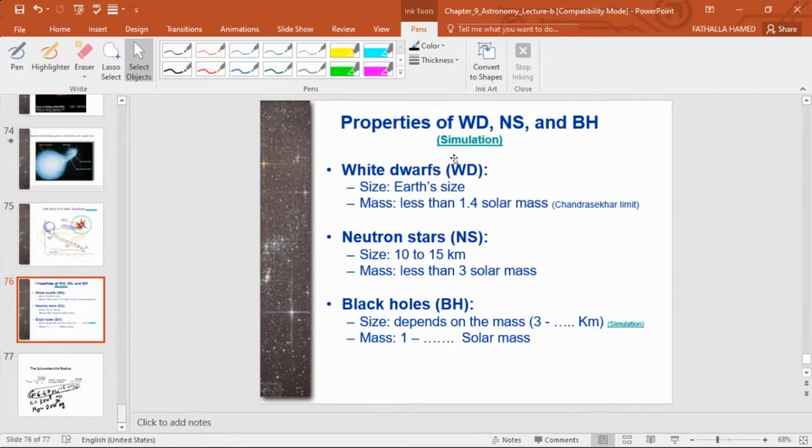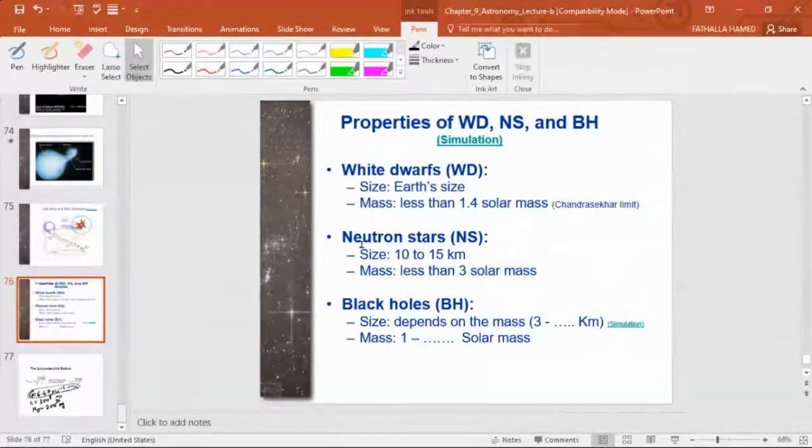that end up as white dwarf, and we said white dwarf basically have a size equal to the size of the Earth, and the mass cannot exceed 1.4 solar masses, and we said this is known as the Chandrasekhar limit.